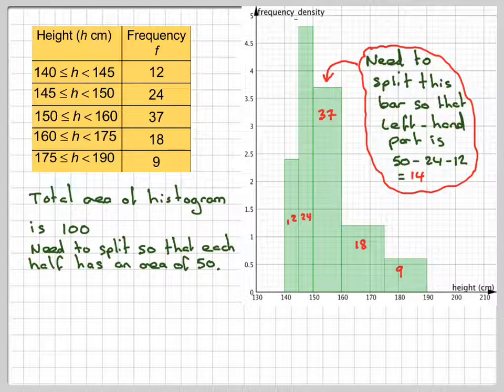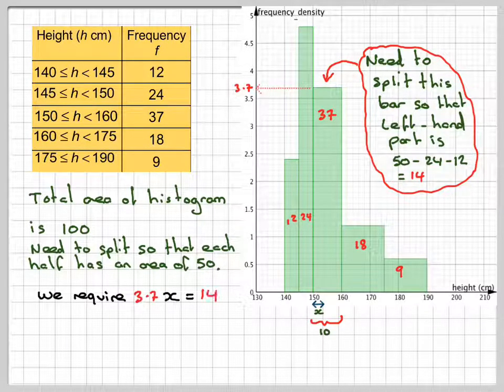So if we know the width here is 10, we know that this length here is x. We want to know where x is, so that the area of the particular bar, which has a width of x, is going to be equal to 14. So we require x times 3.7, because that's the height of the bar, to be equal to 14.